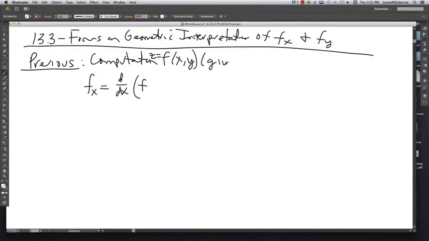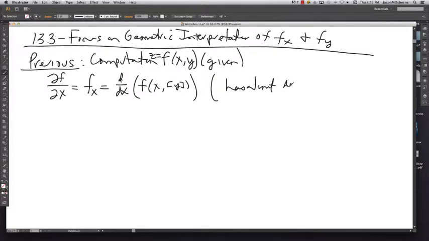This is a given. You're going to take the derivative with respect to x of f, holding y constant, and that is the meaning of the partial derivative of f with respect to x. There is a limit definition.